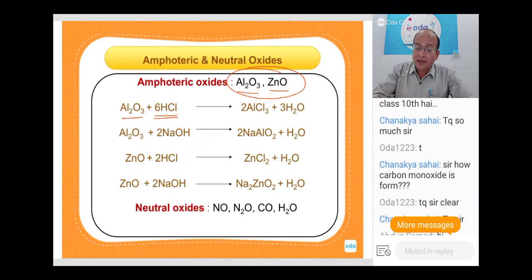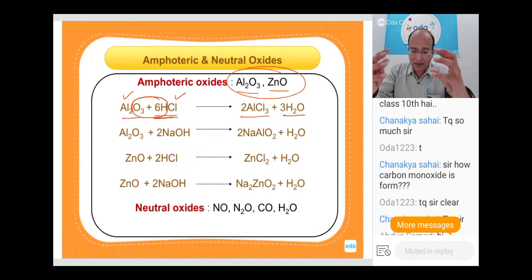With HCl it will form the salt AlCl3 and water. You can do it this way: 6H and oxygen join together to give 3 moles of water, and 2Al and 6Cl will give 2AlCl3. Clear?